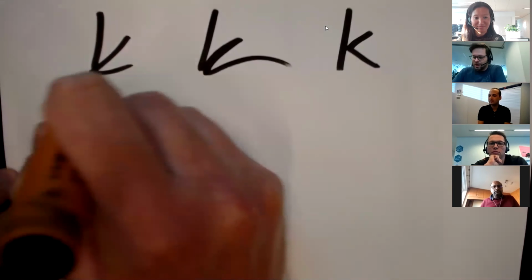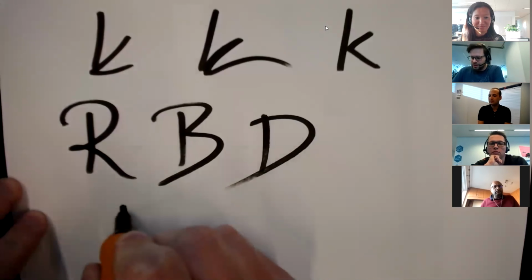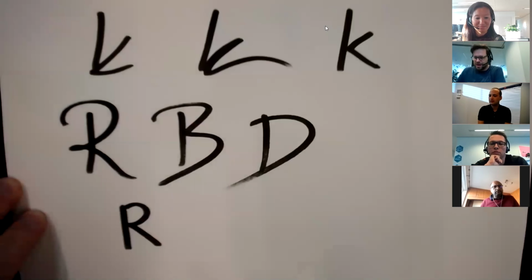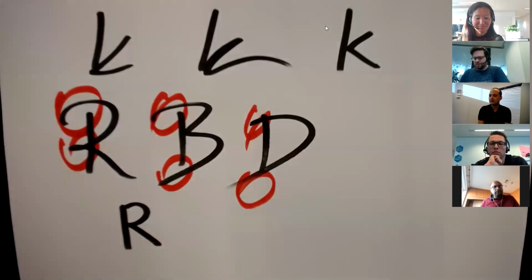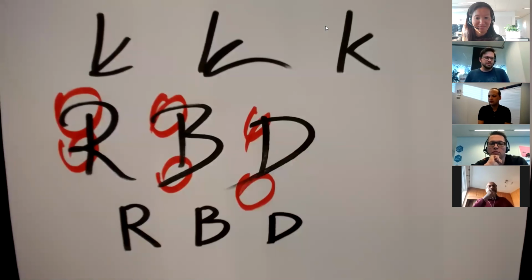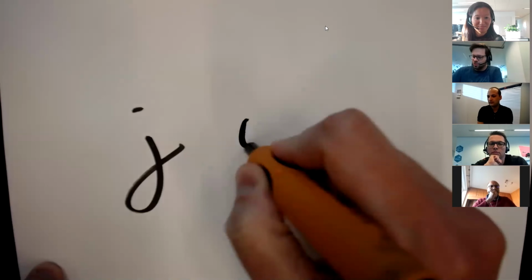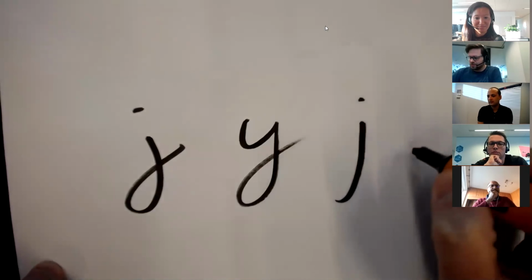If your R or B or D is something like this, try to write them in a simpler manner, avoiding those fancy additions over here. Just write very simple, straightforward letters. It's the same if you're writing letters like J or Y this way. Just do them in a simpler way.